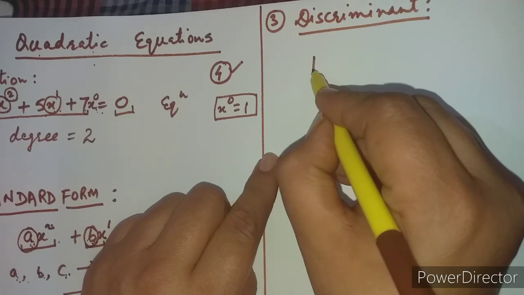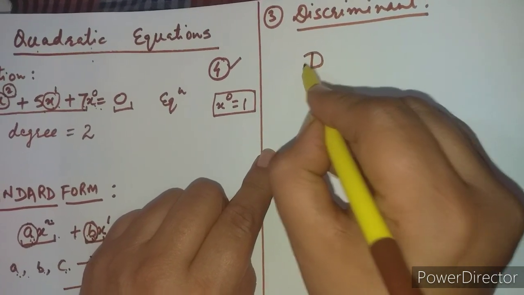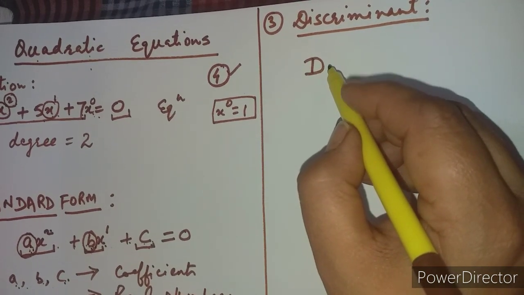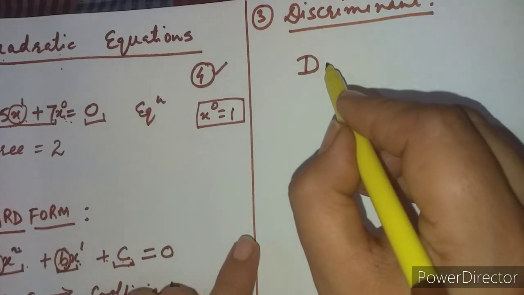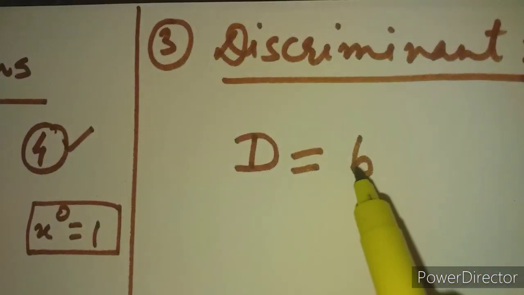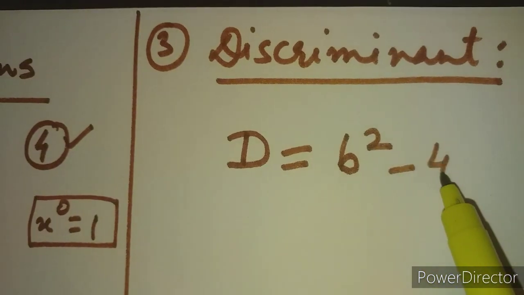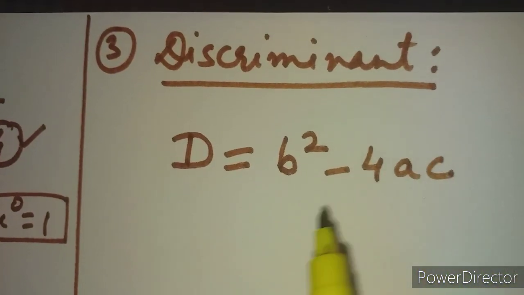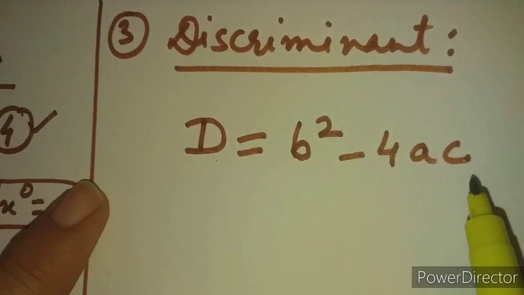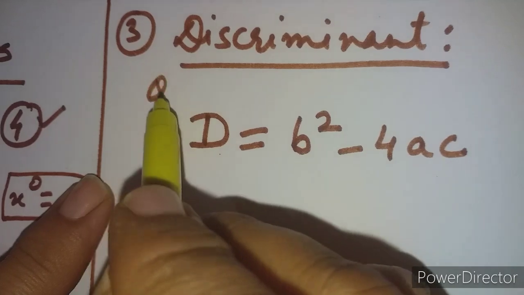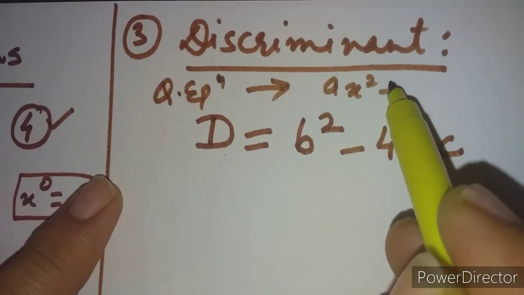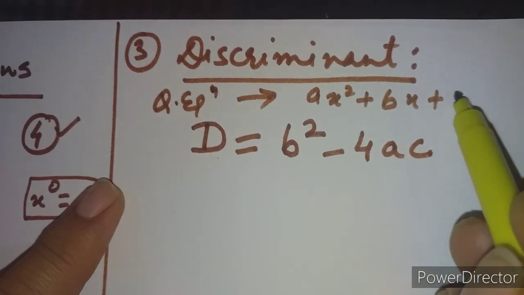So I will denote it by capital D. Discriminant in our quadratic equations is denoted by capital D. The formula for the discriminant is, most important formula, please check carefully, b square minus 4ac. The formula for the discriminant is D is equal to b square minus 4ac. This is the formula when our quadratic equation is like this: ax square plus bx plus c equal to 0.